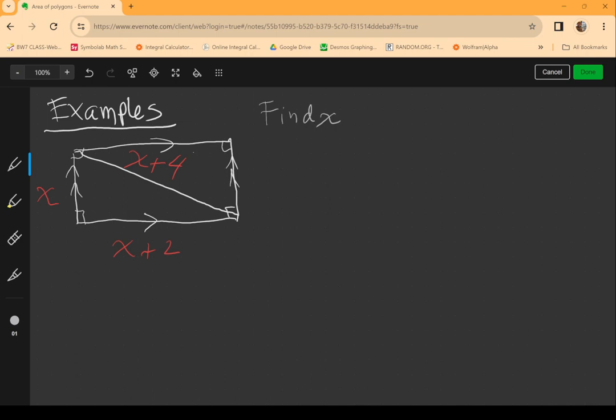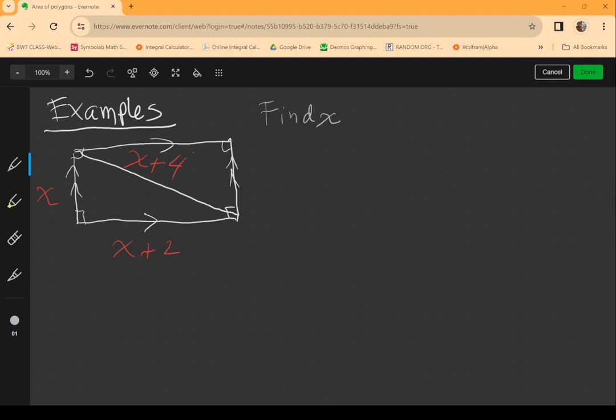Okay, so if our goal here is to find x, now looking at this, we can see we have this rectangle with the diagonal here. But really what is going to be helpful is that the diagonal creates a right triangle.